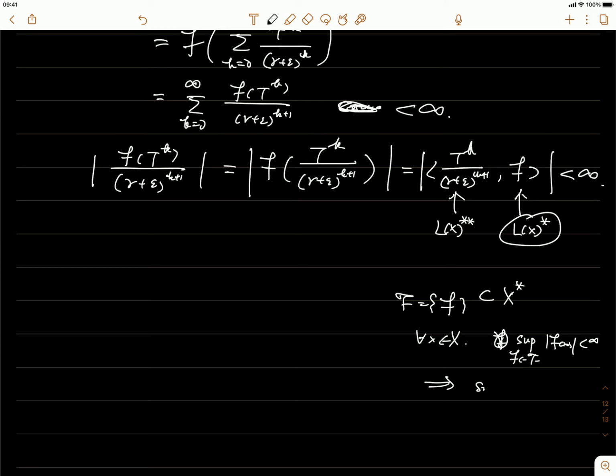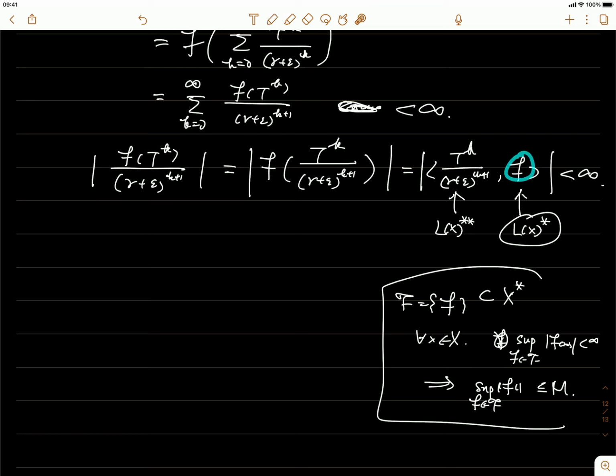So the supremum of the norm of F, for F in the family, is bounded by some M. This is the uniform boundedness theorem. Right now, this is like the X, and it can be arbitrary from this set. This is my space X, and this is like the X star. And for each k, I can show that this is bounded. That just means that this thing here is bounded by some M for all the k's.